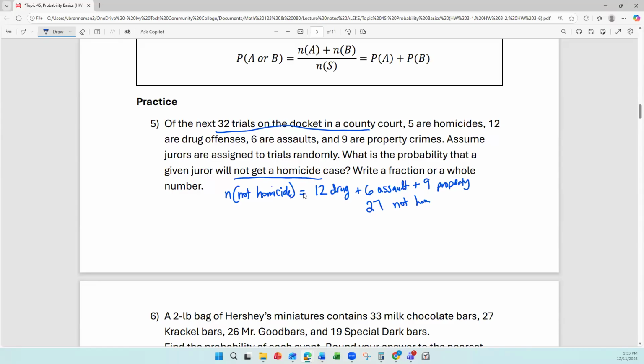Or you could also do that's the N of S minus the number that are homicide. So 32 minus 5. So the number not homicide are 27. Then the probability not homicide is 27 out of 32.